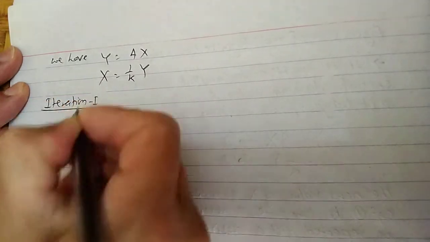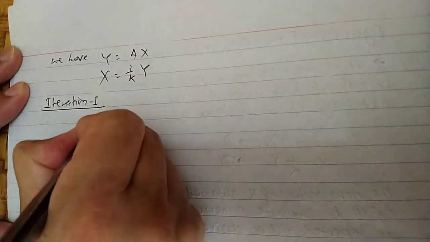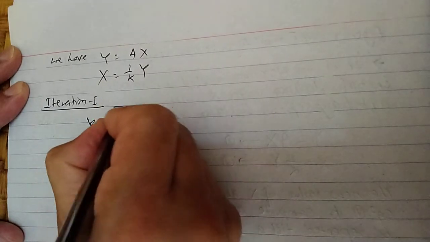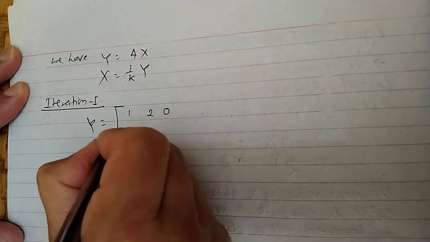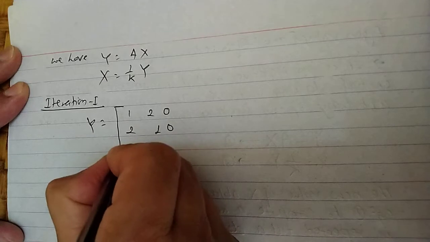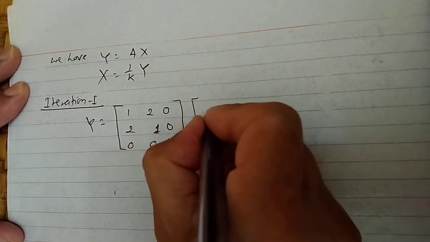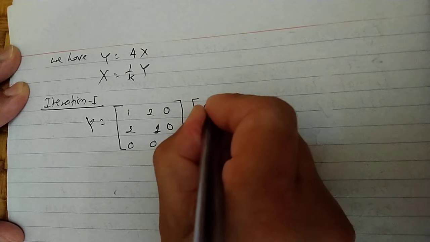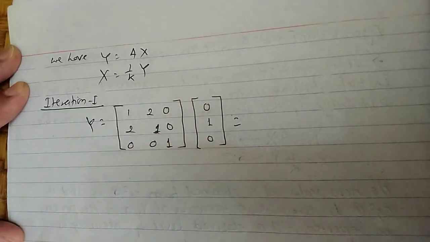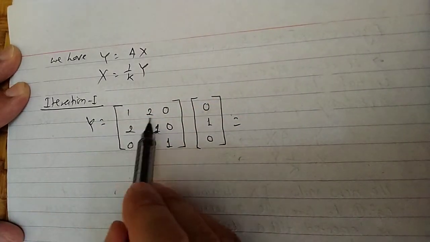All right, so let's take iteration 1. In iteration 1, let's find y. What is our A? 1 2 0, 2 1 0, 0 0 1. And x is what we assumed, 0 1 0.